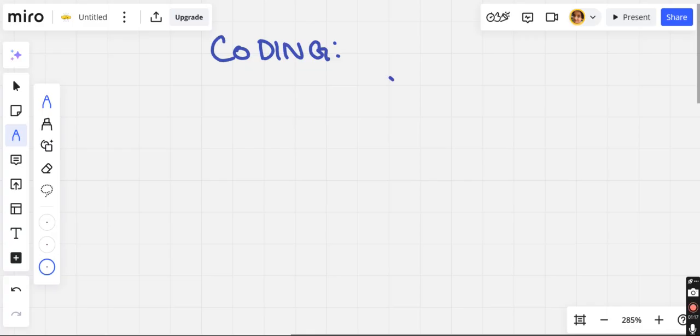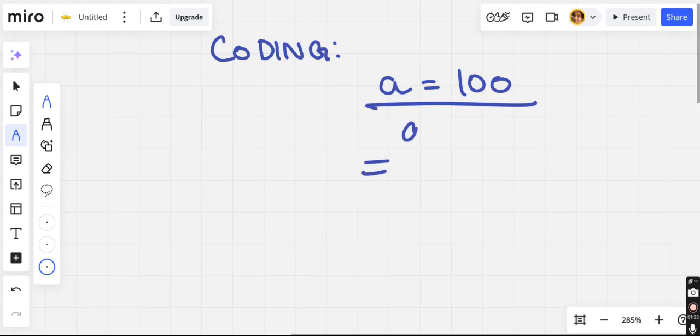For example, a is equal to 100. So a is equal to 100, that I know. But if I ask something like 99 plus 1, then I come to know it is 100.